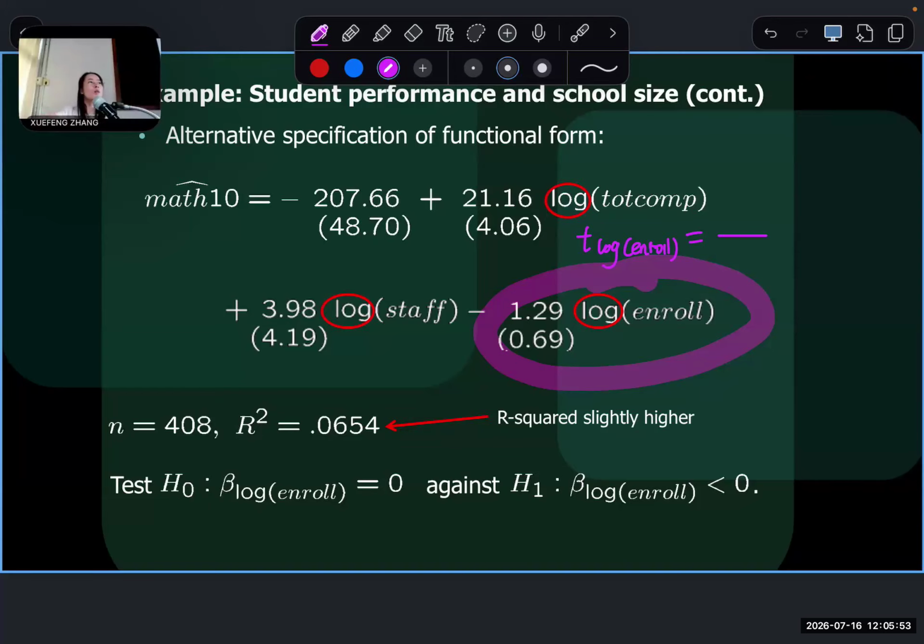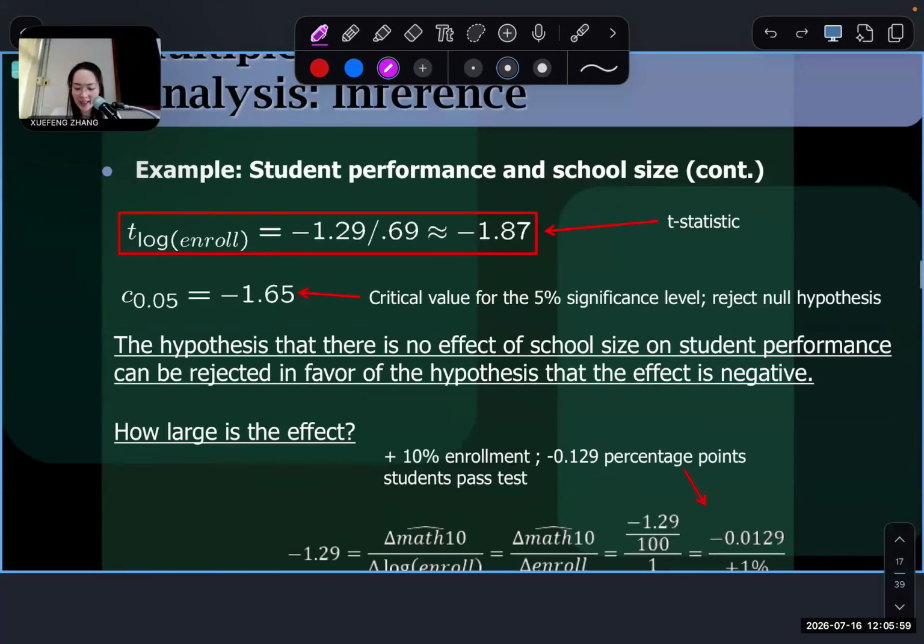Negative 1.87, right? Okay. So exactly the next slide I showed you, the t ratio for log n rho is negative 1.87. So in this case, we can compare it with our critical value at 5%, which is negative 1.65, all right?